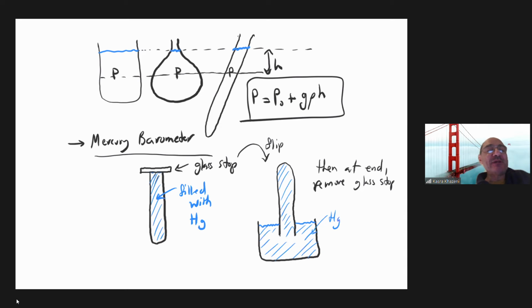All right, so what happens as soon as you remove it, the mercury is going to want to go down the tube, but it can only go down to a certain level. And here's the reason. It only goes down to a certain level.